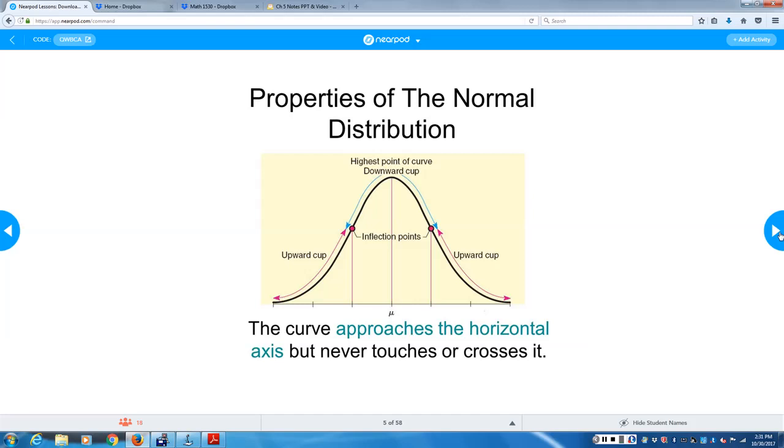That means the upper bound for the probability distribution is infinity. And the lower bound for the probability distribution is negative infinity. The curve goes on forever, literally. But the area, the further you get from the center, gets smaller and smaller and smaller until it's almost zero.